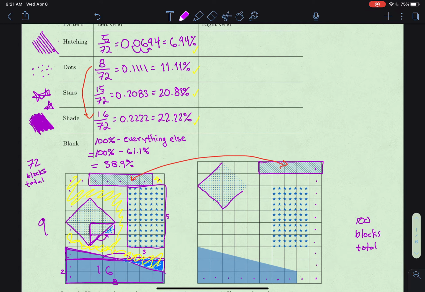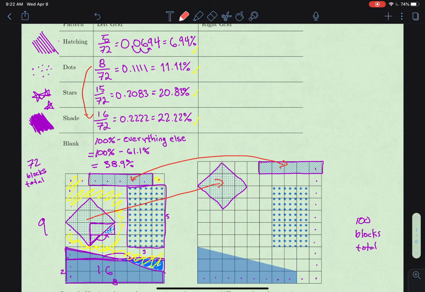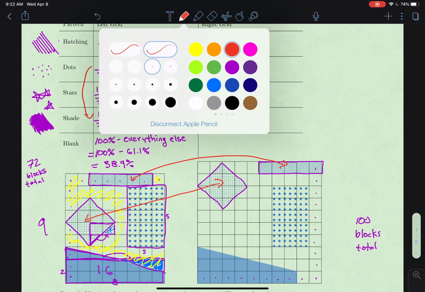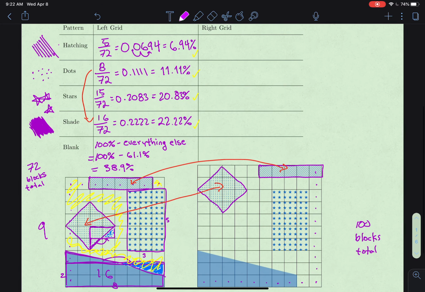So we don't really need to do any more geometry in that respect. So the fraction we're going to consider to calculate the percent that is covered by hatching, its numerator is still 5, but it's the denominator that has changed.